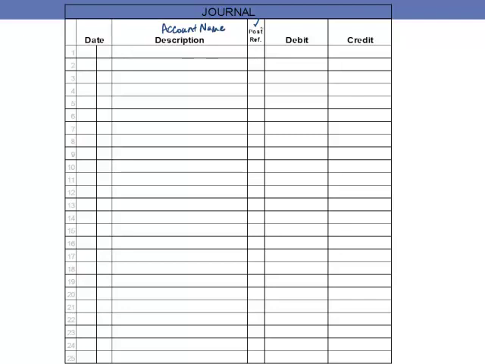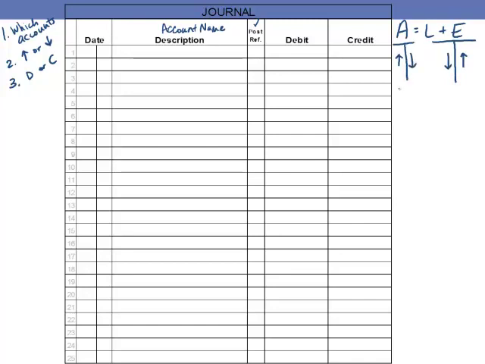Okay, so remember our 3 steps. Which accounts, up or down, debit or credit. Okay, and you also should have your little mirror image T account thing handy, because we will look at those.